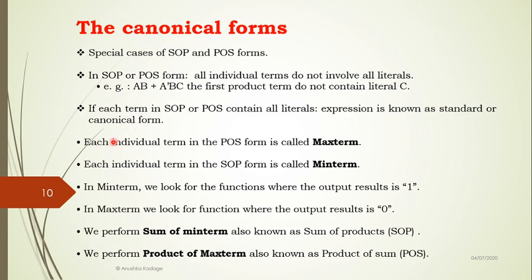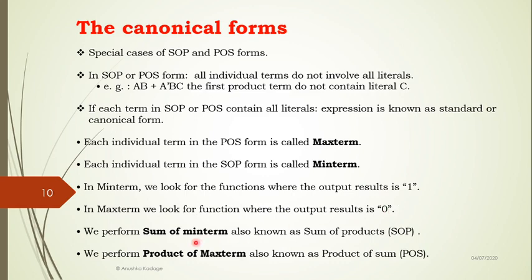standard or canonical form. So here, each individual term present in the POS form is called a max term, and each individual term present in the SOP form, that is sum of product form, is called a min term. In min terms, we look for the functions where the output is 1, and in max terms, we look for the function where the output is 0.